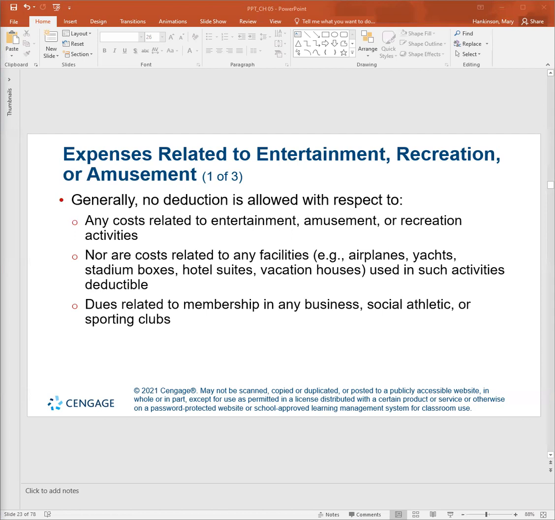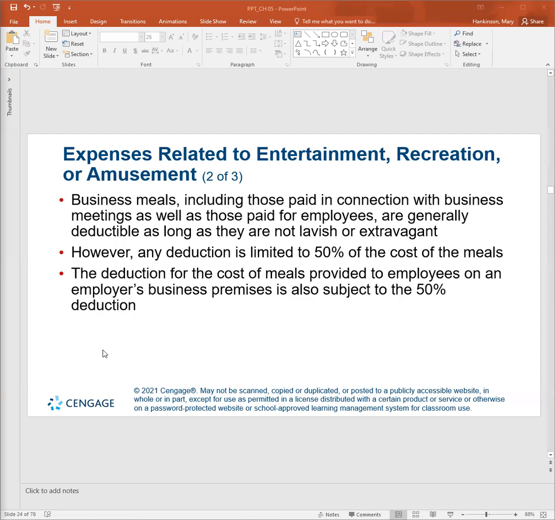The deduction for the cost of meals provided to the employees on an employer's business premises is also subject to the 50% reduction.